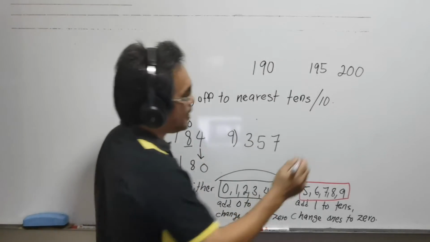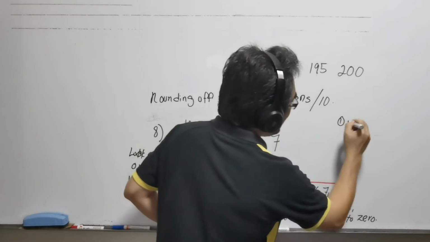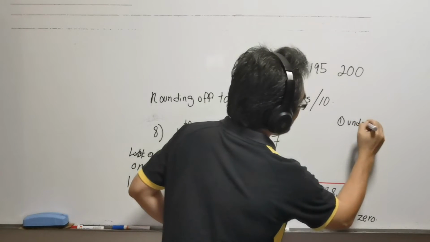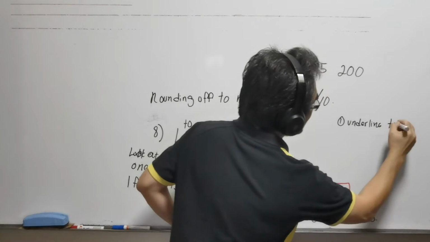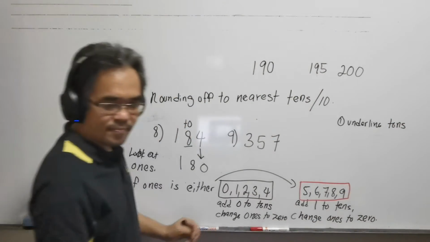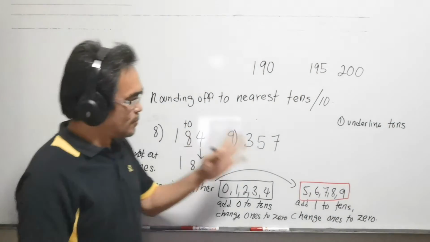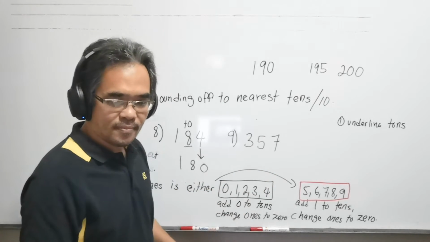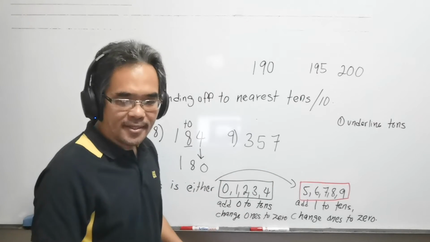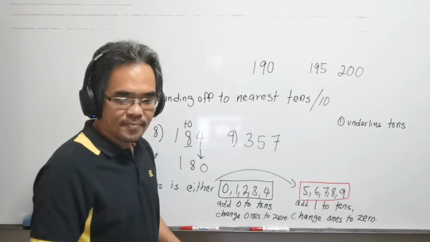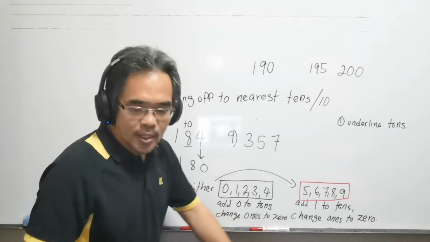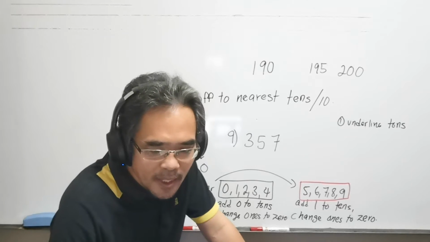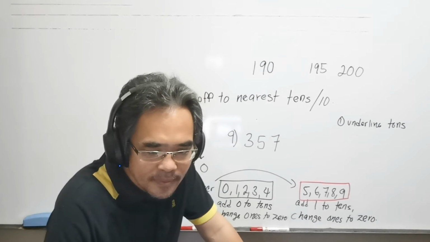Underline, okay, first, underline tens. Oh, is it? Oh, okay. So, is it clear now?